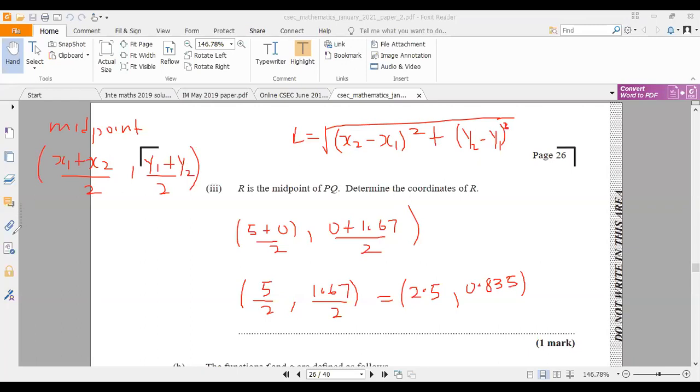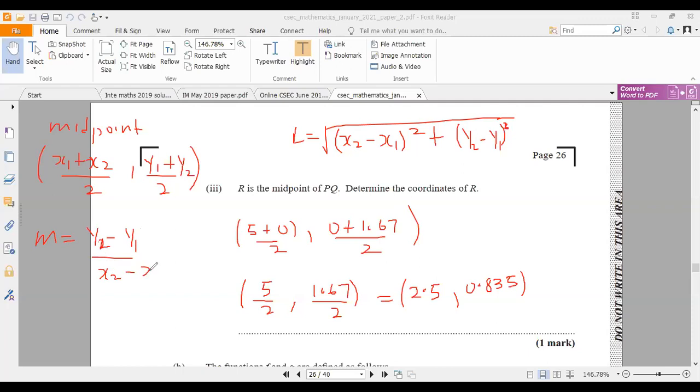All right. Then for the gradients now: y2 minus y1, divided by x2 minus x1.